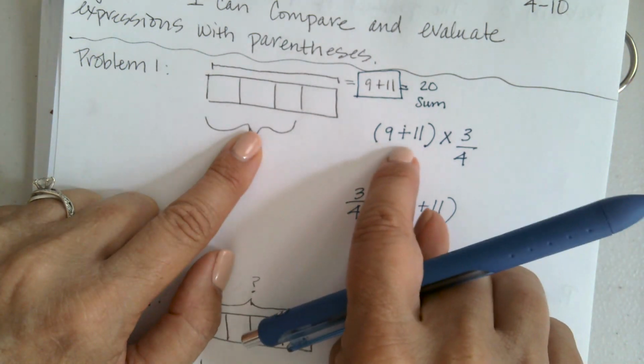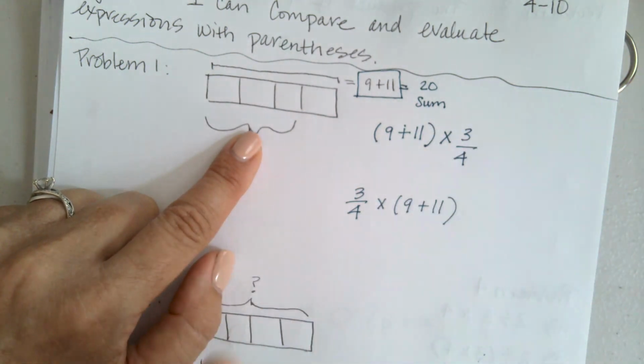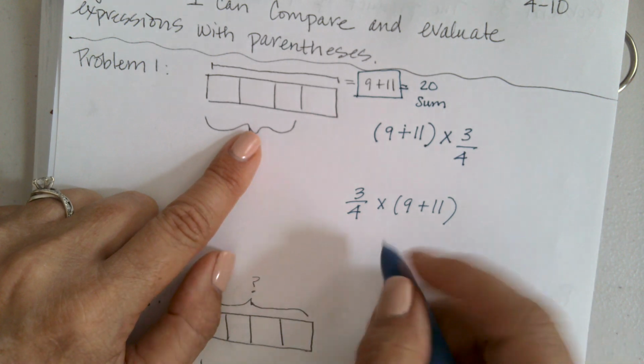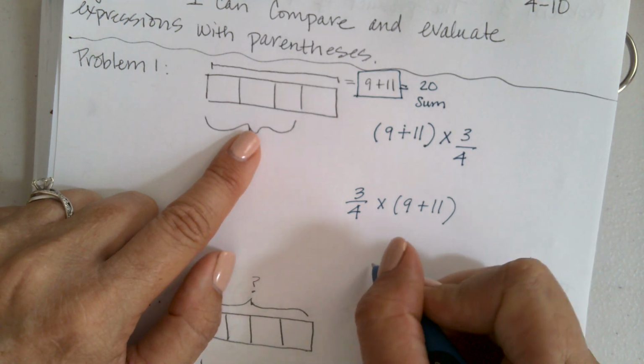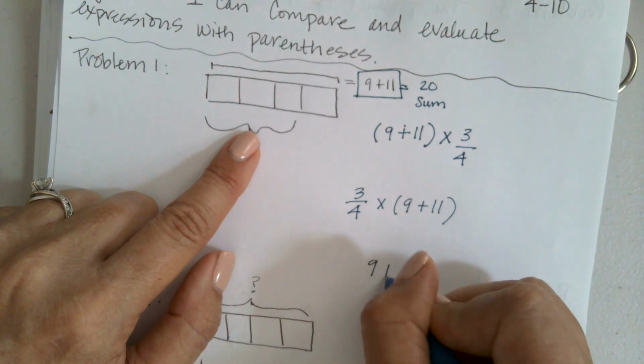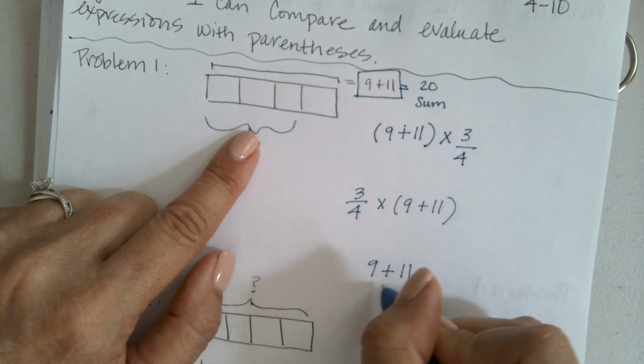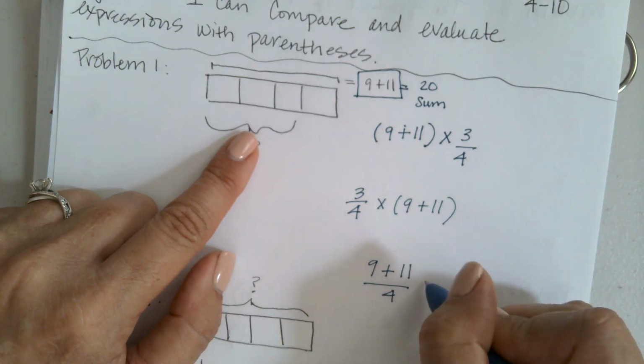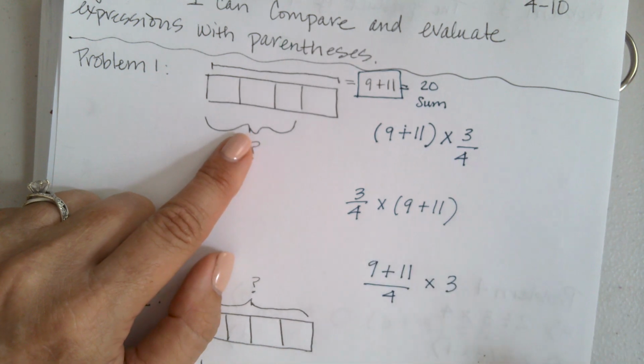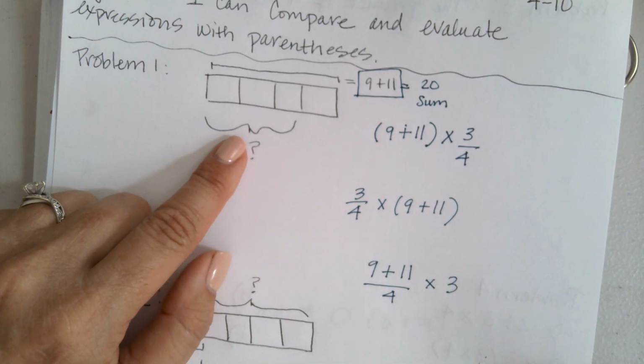Or 9 plus 11 copies of 3/4, right? Here, so let me show you the third way, unless you've already written it. You could have written it that way as well.